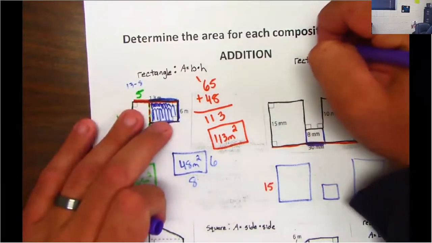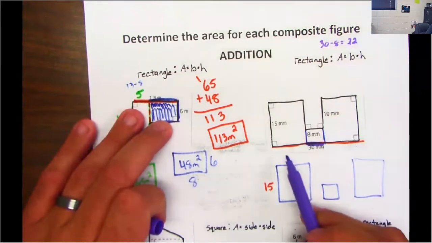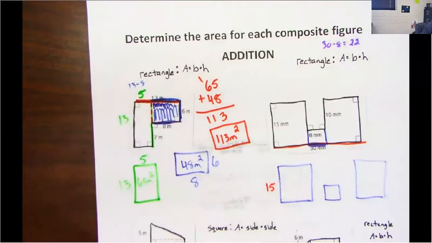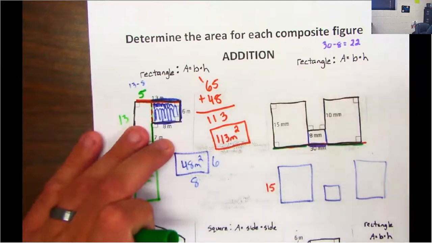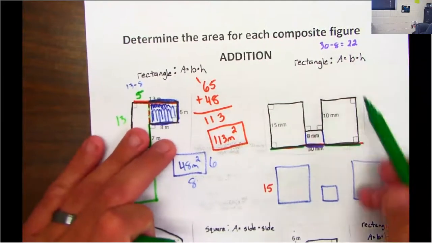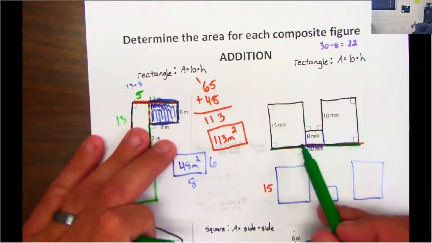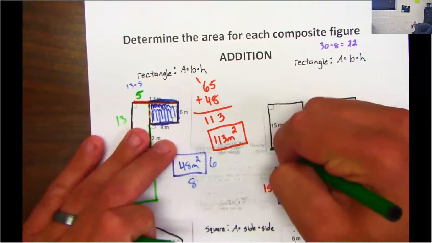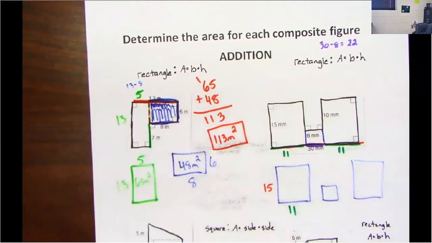So 30 minus 8 is 22. Now, guys, these two pieces right here, I'm going to go ahead and do this in a dark green. These two pieces right here happen to be the same length. So if the rest of it is 22, and they're the same, 22 divided by 2 is 11. So this piece is 11.